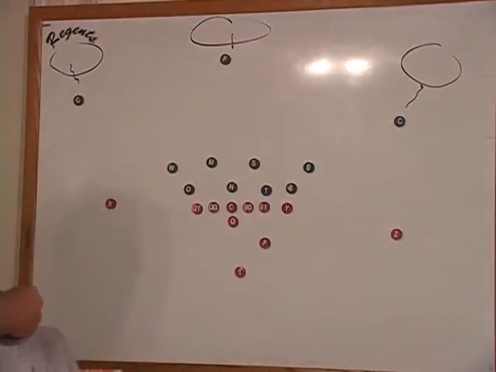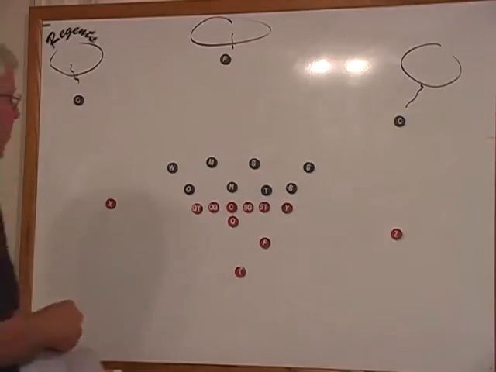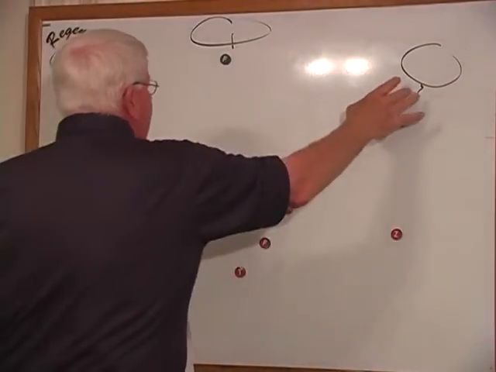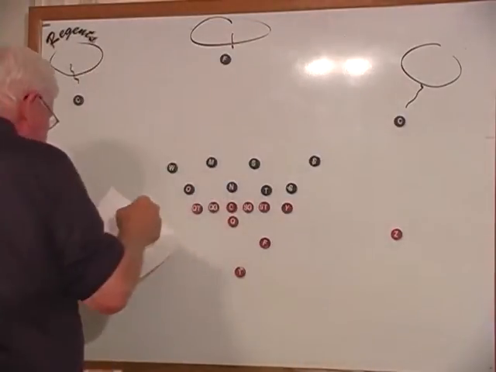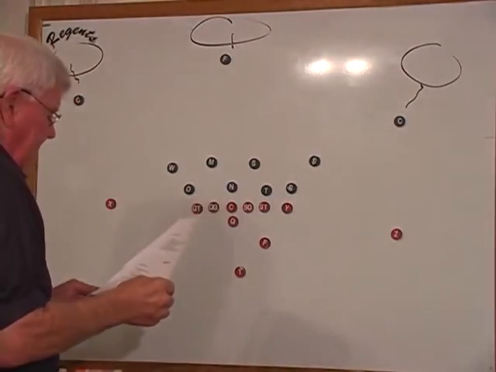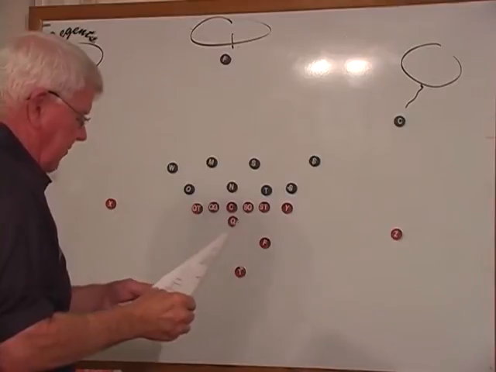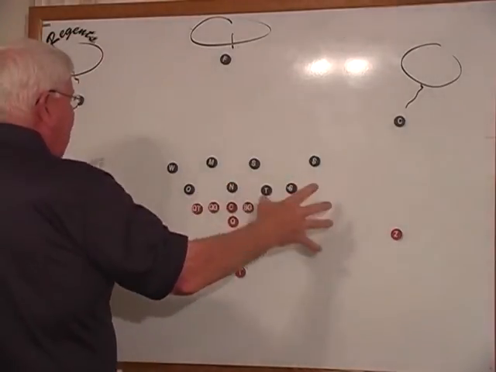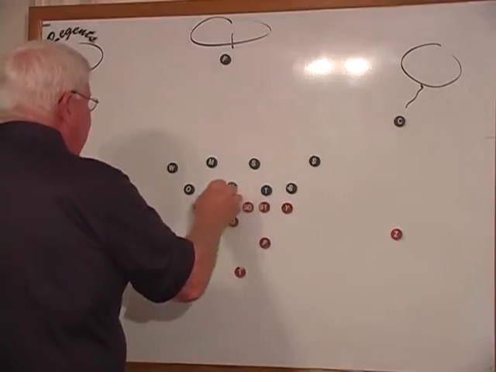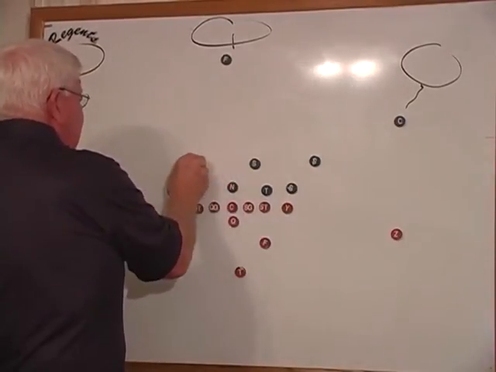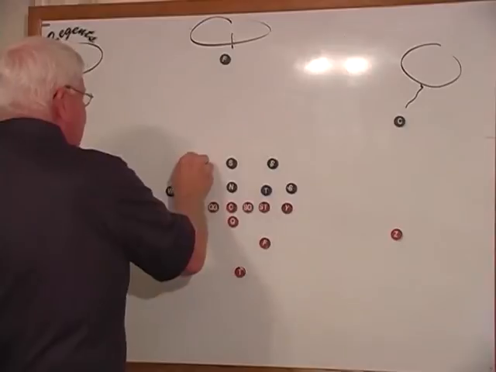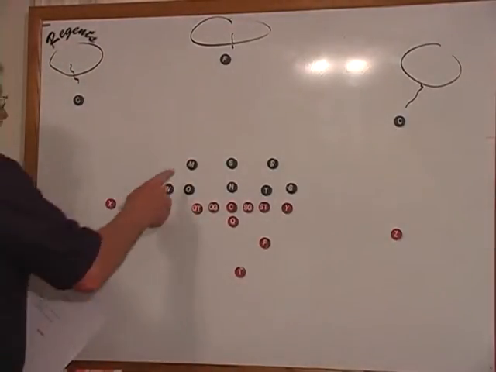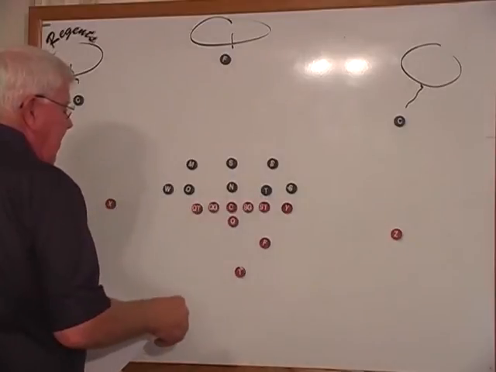And this would probably be referred to as a cover 3, and there are 3 deep people. Now there's really 2 types of 8-man front defenses: the 4-4, and the other one is the 5-3 type of concept. But now they've got an extra guy in here.